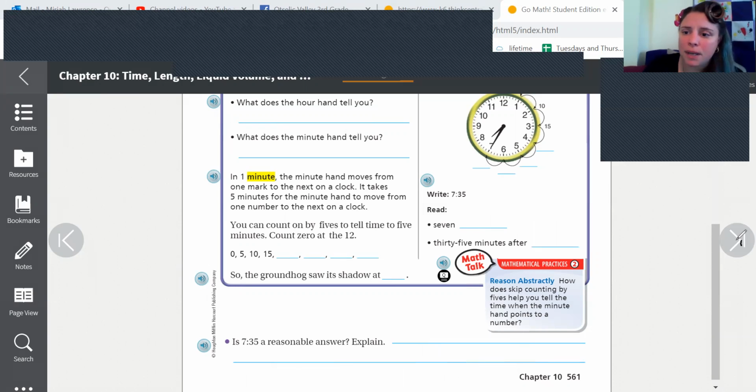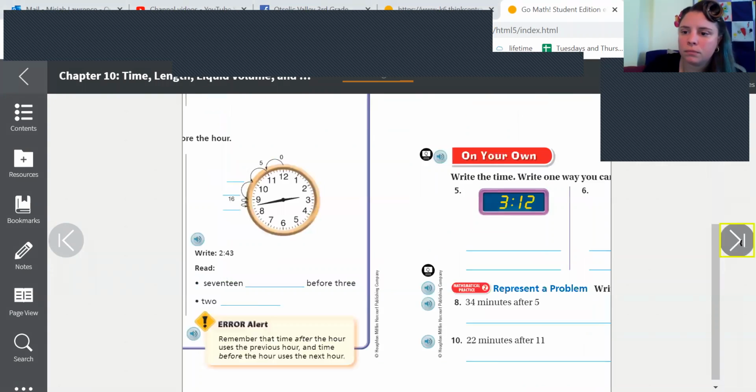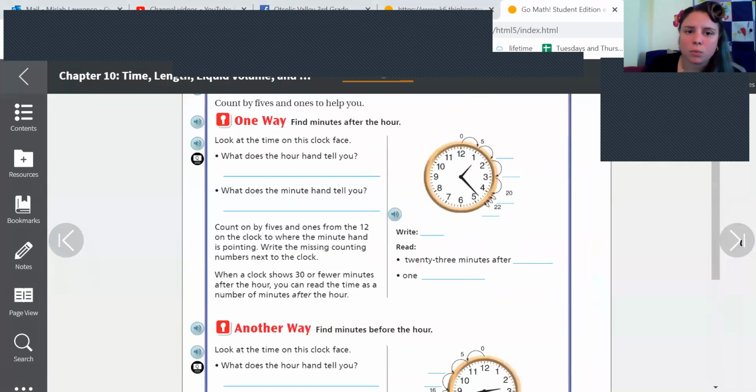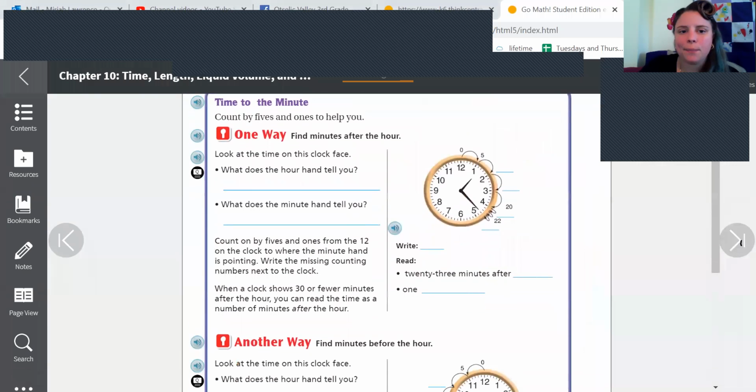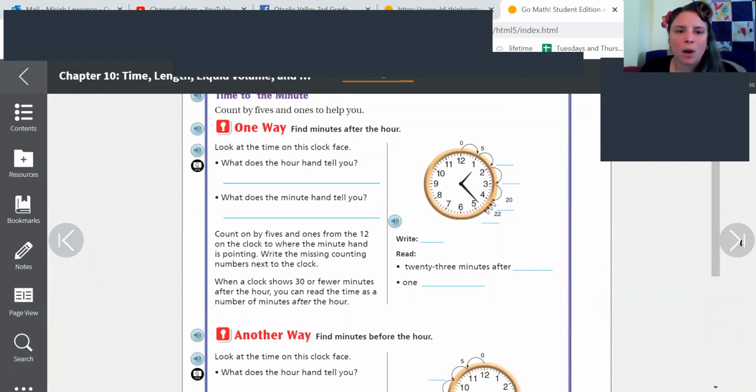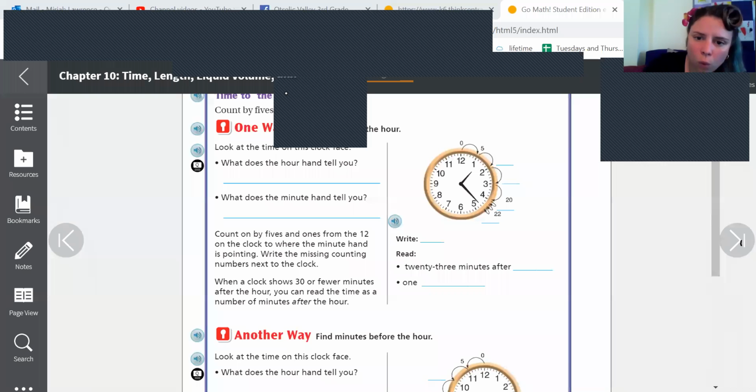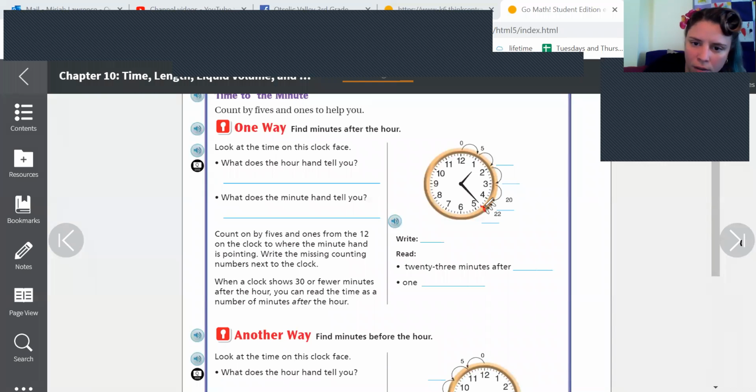All right, so let's look at the next page. Okay, so this one, it's the same thing. Time to the minute. Count by fives and ones to help you. So this one, the minute hand, when we're looking at it, is not quite at the 5. You see how it's 1, 2 hash marks before the 5? That means we're going to have to count by fives and then count by ones until we get to it.